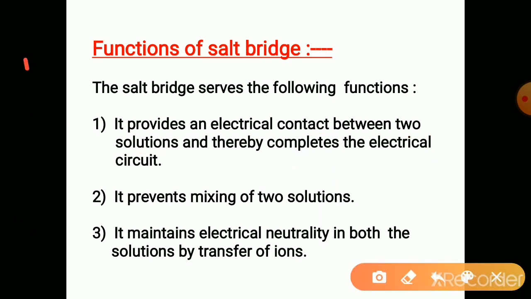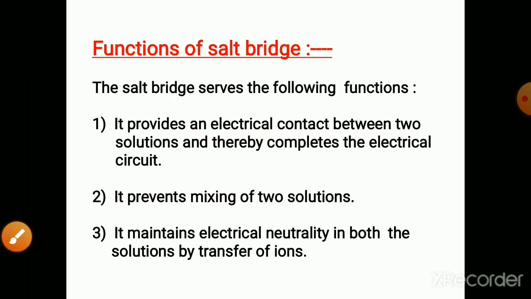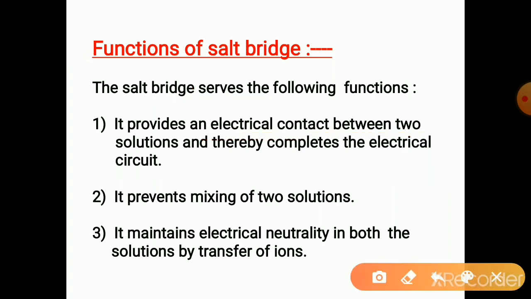If it had not been used, the electrical circuit would not have completed and there would not be the flow of electricity. So it provides the electrical contact between these two half cells and completes the electrical circuit.